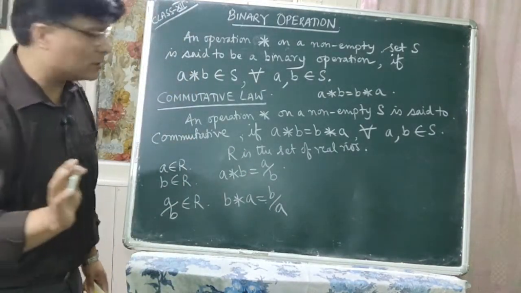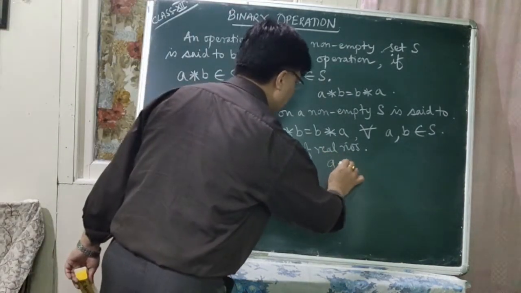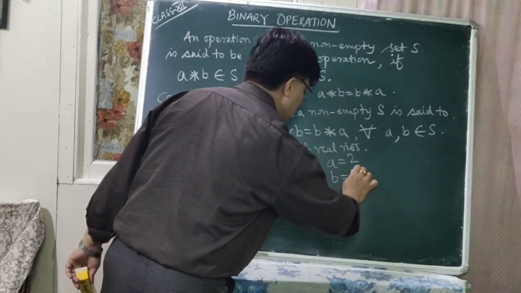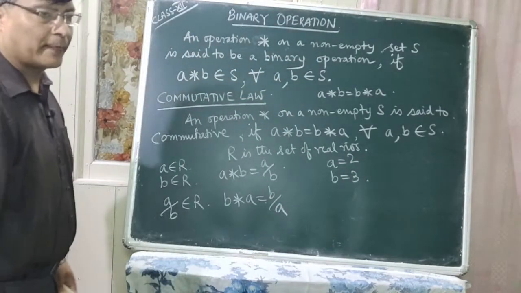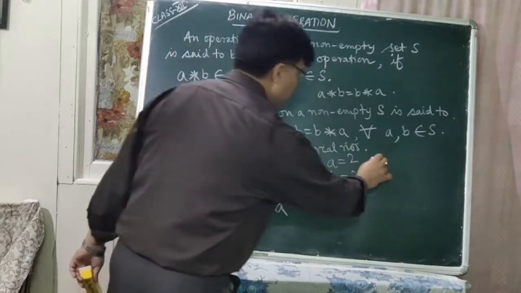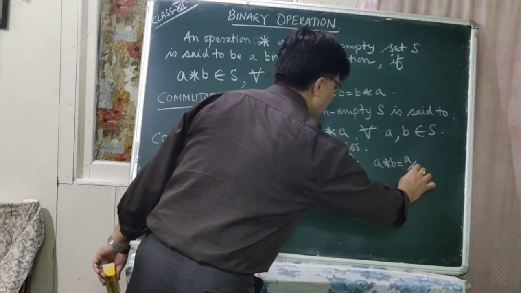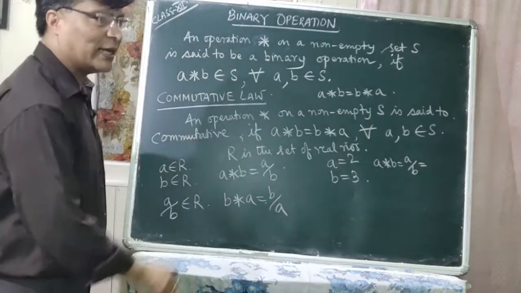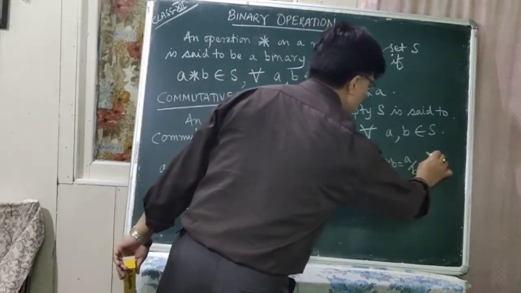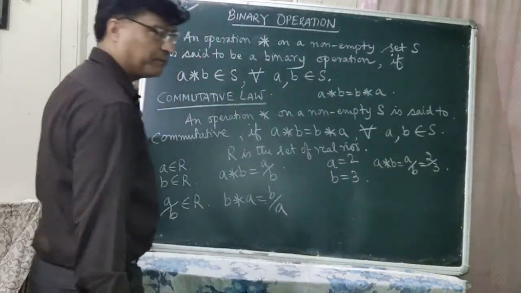No, obviously not. So if you take A is equal to 2 and B is equal to 3, what is A star B? A star B is equal to A by B, which is 2 divided by 3.